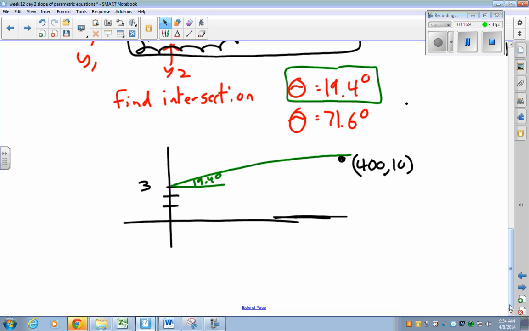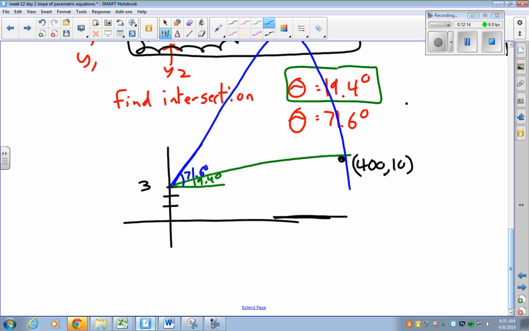The other one would have been a sky ball. So the other one would have been at 71.6 degrees. It would have gone like this. And just cleared the fence that way.